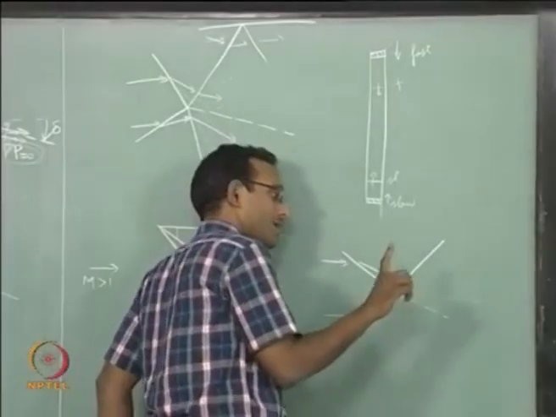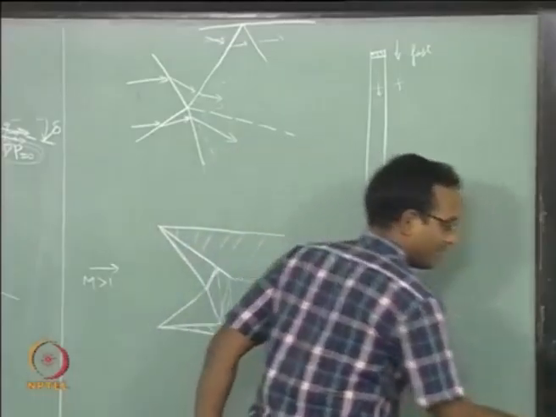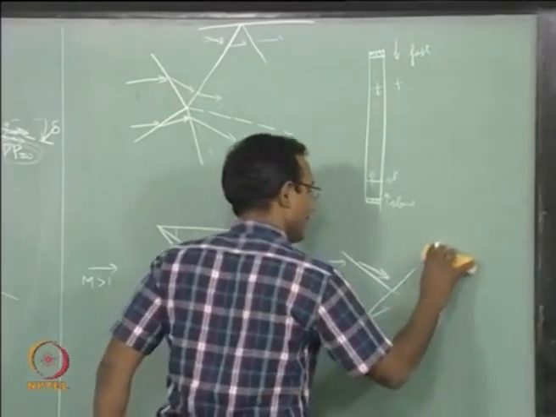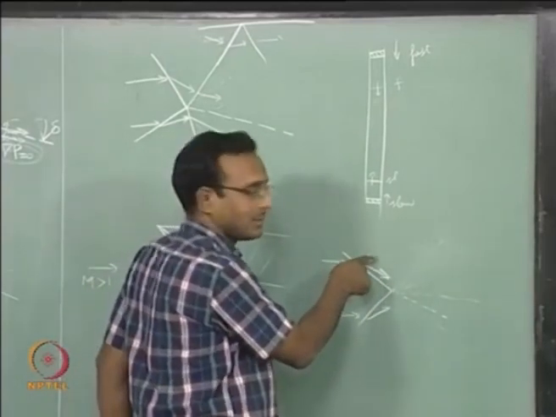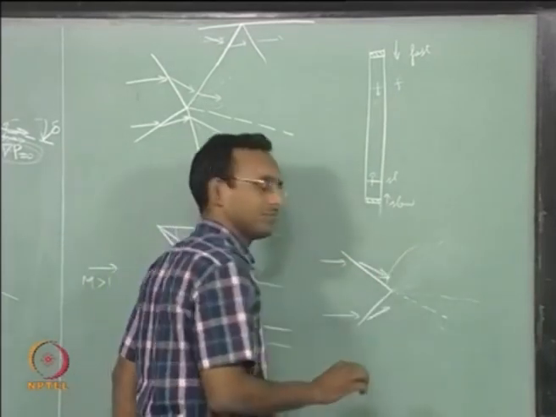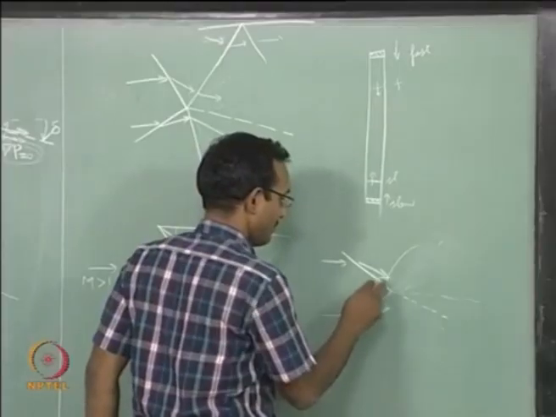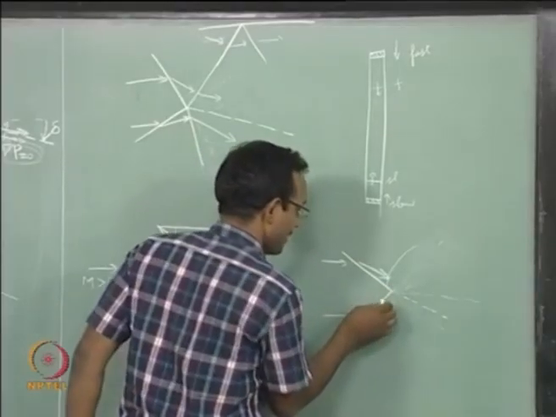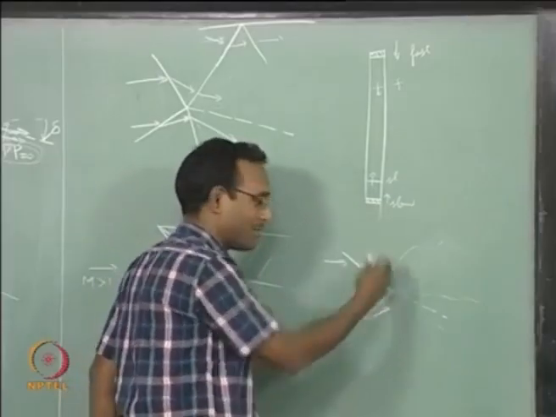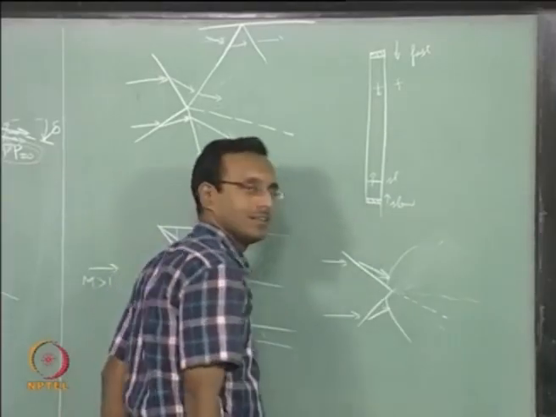Okay. But if we find that that deflection angle is more than the critical angle for this approaching Mach number, then there should be a detached shock sitting here. But there is nothing to detach from, there is no real solid object there. And since I said it is a symmetric problem, the same thing is happening here.